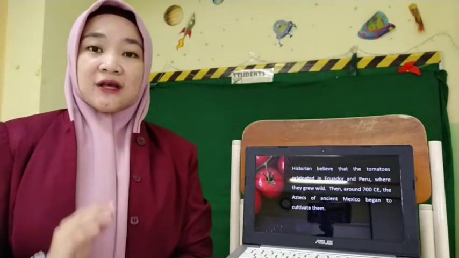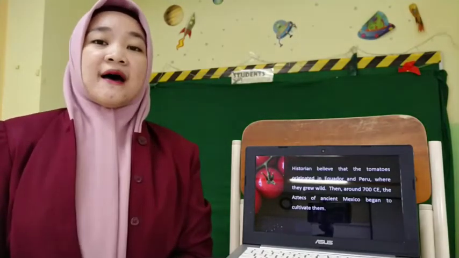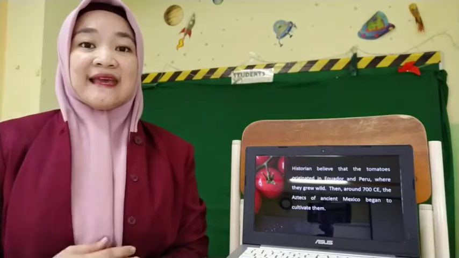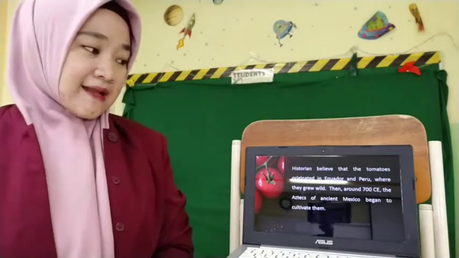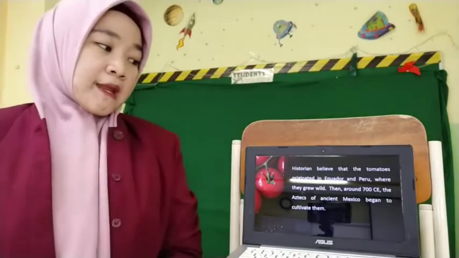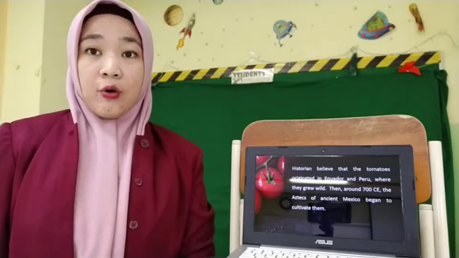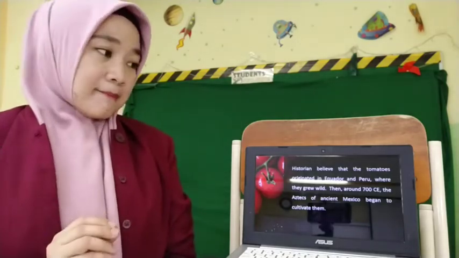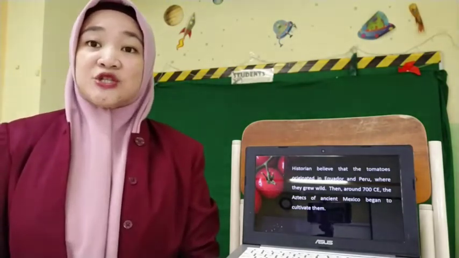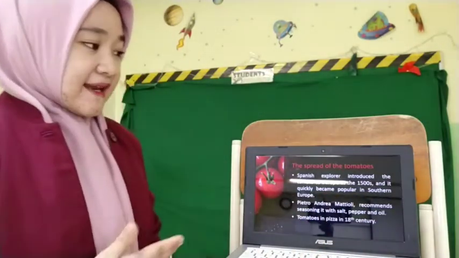At that time, the tomato wasn't planted by people because it grew in a wild environment. But the ancient Aztec people of Mexico were the very first people who planted the tomato and began to cultivate it. Okay, next slide.